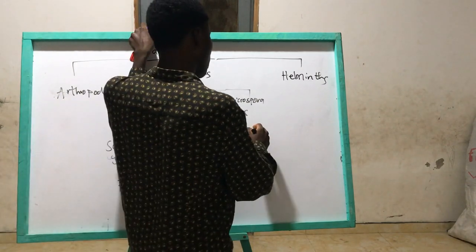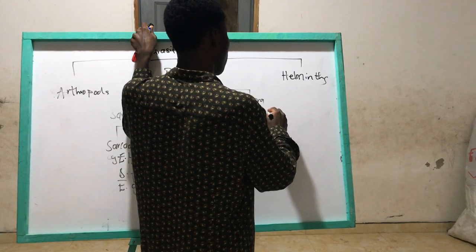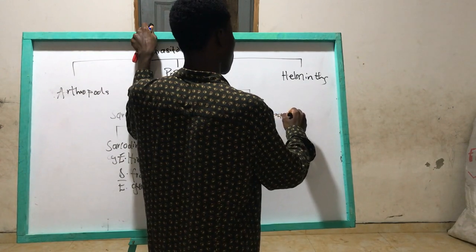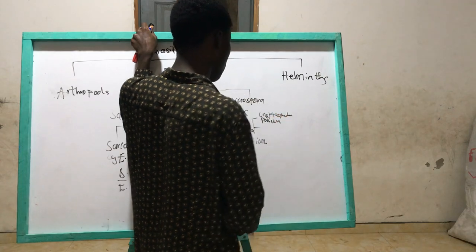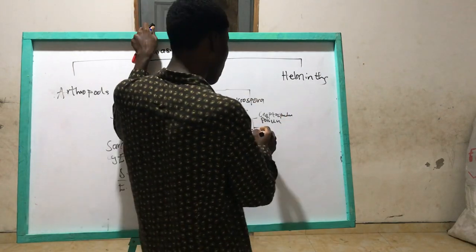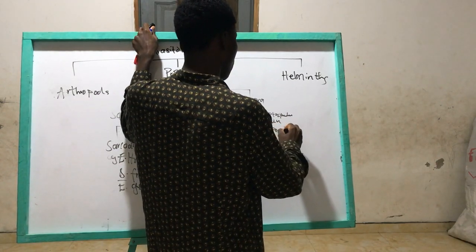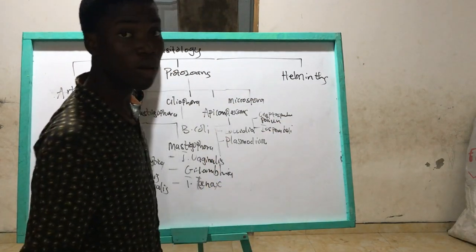Under the coccidia, we can talk about Cryptosporidium parvum. We can talk about Isospora belli, etc.